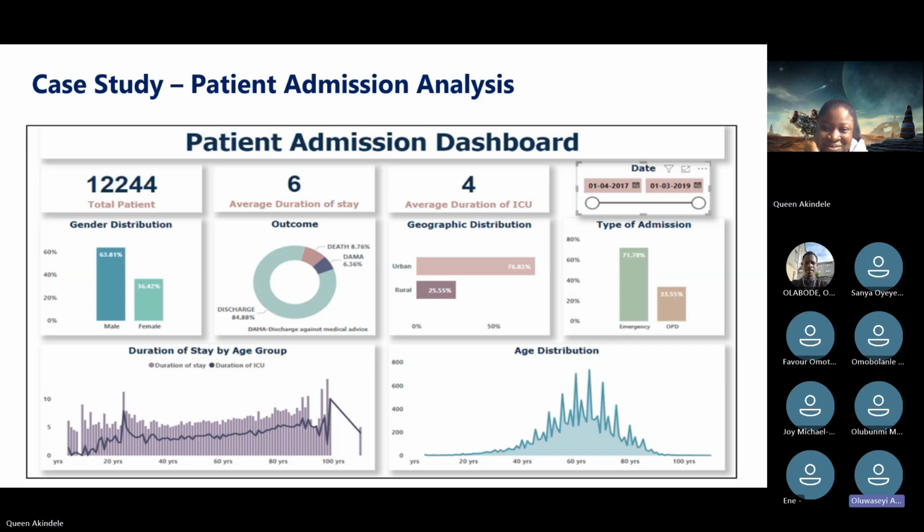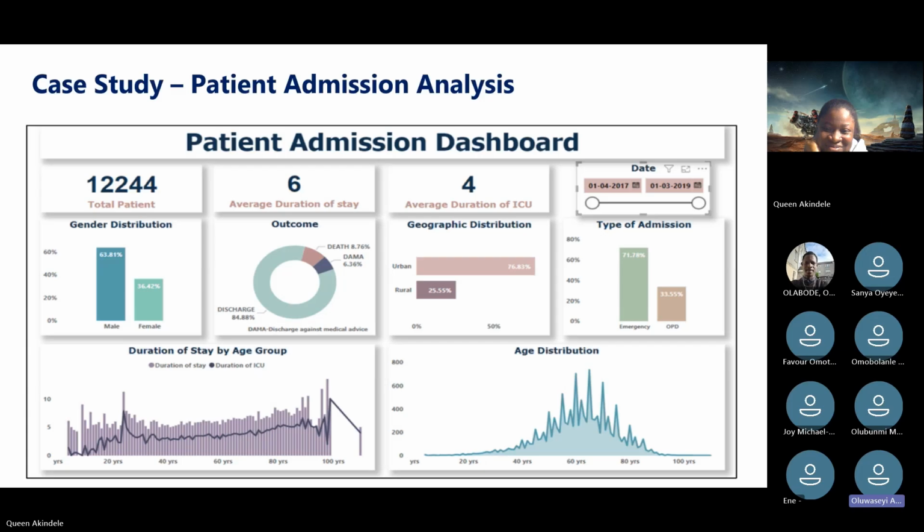Looking at the age distribution, we have older people, ranging around 63, forming the highest population in the age distribution, with more than 600 patients, and then it fluctuates down, coming down to 60.